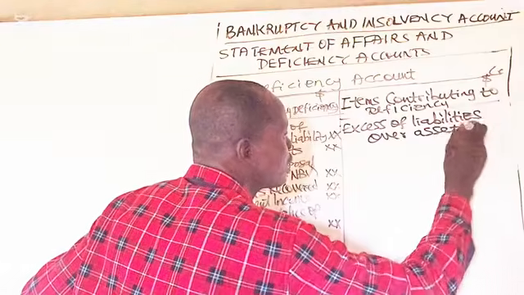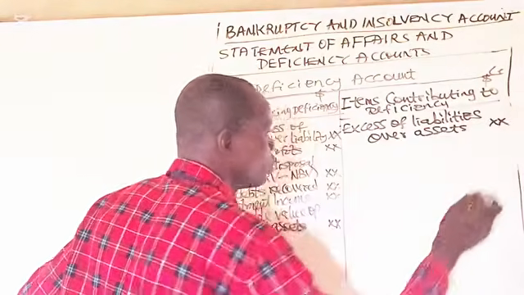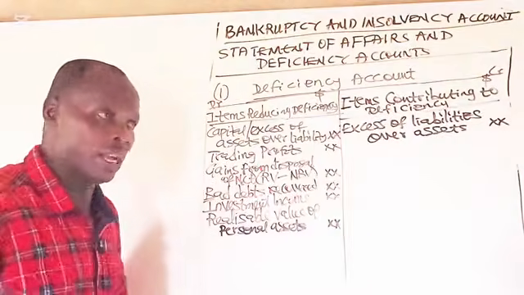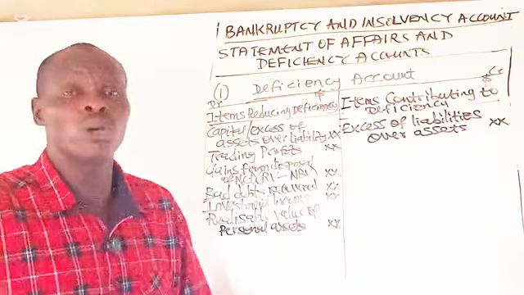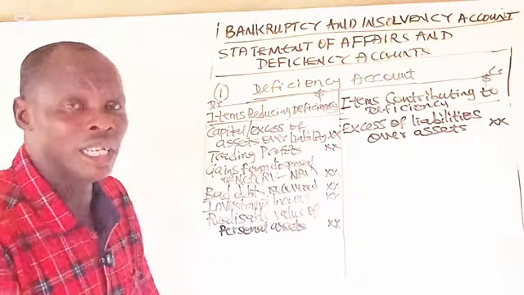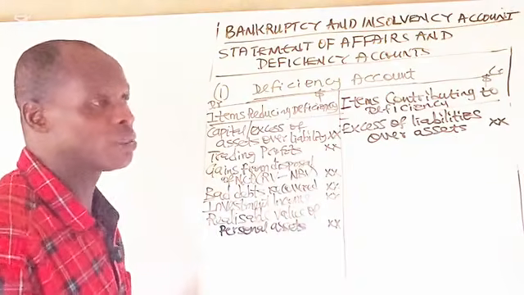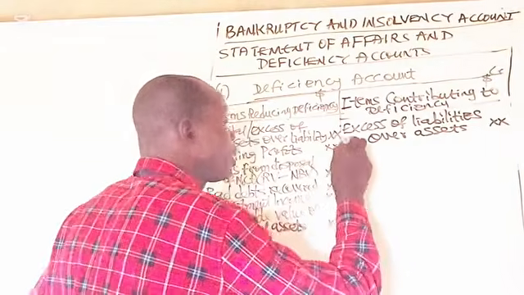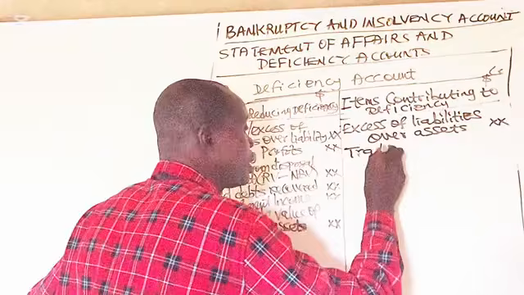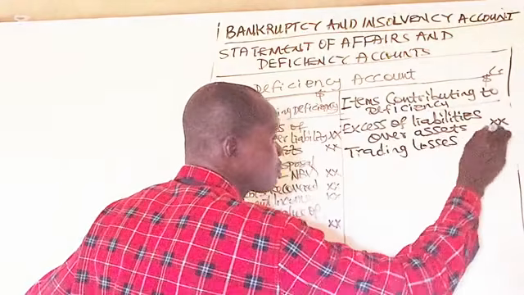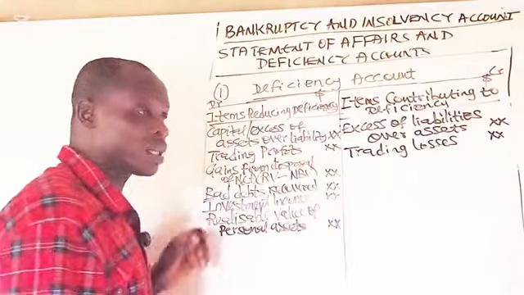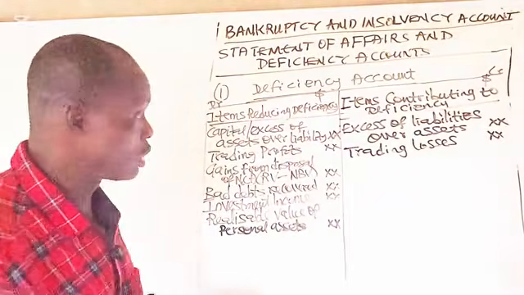Where liabilities are greater than assets, it will worsen the position, the debt and the losses of the bankrupt. So if you have trading losses, loss from trade or business, it will worsen the position of the bankrupt.